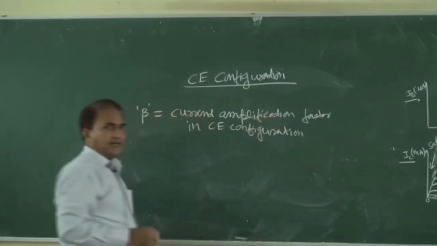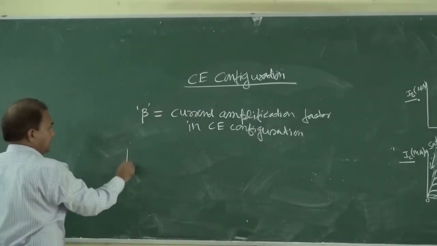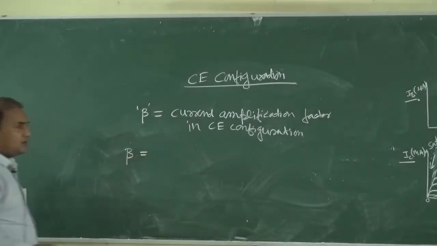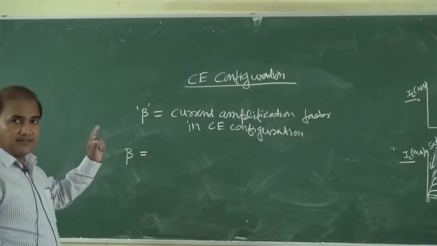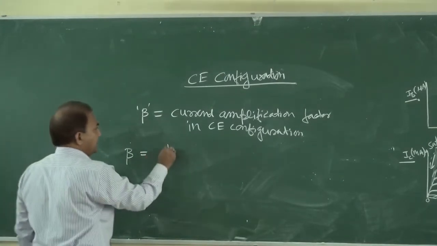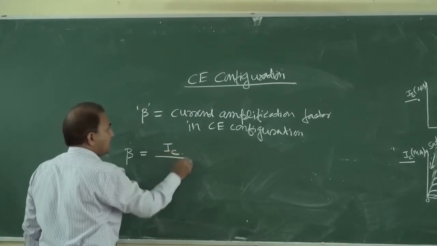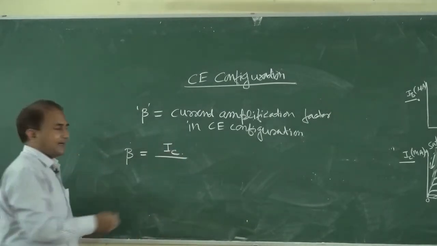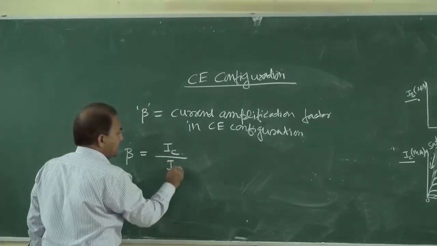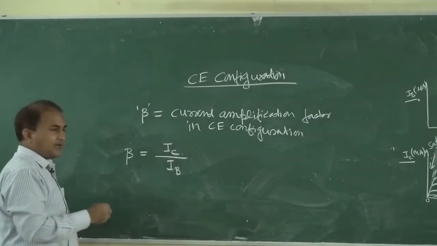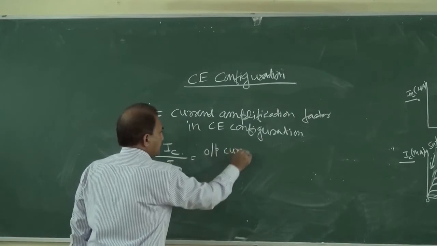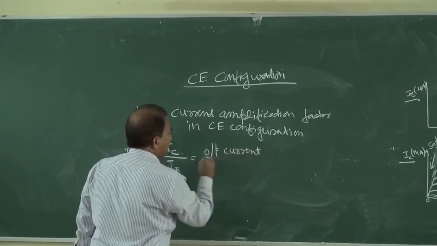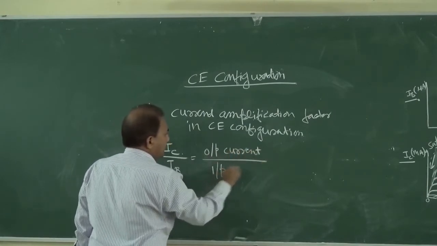How can we define beta? Beta is equal to the output current divided by the input current. In the case of common emitter configuration, the output current is IC and the input current is IB. So it is equal to output current divided by input current.